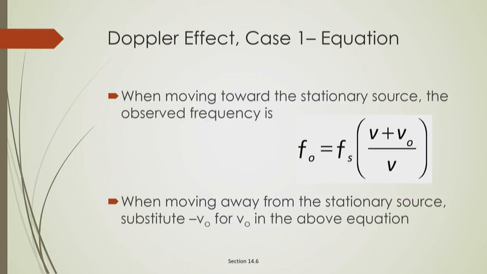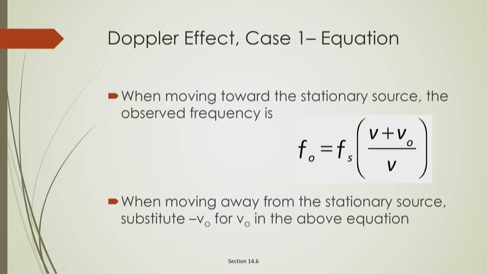You have to make sure you've got it straight in terms of what's happening. So this one is if the stationary source is fixed and the observed frequency is out there. So you will have this for our stationary source and a moving observer.